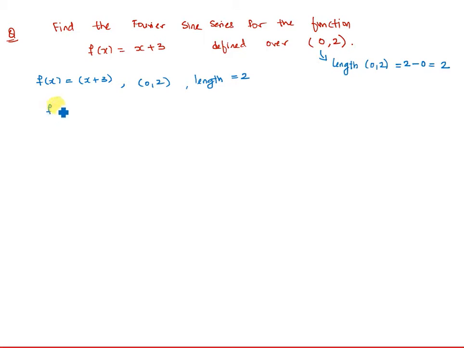You are going to use the formula for f(x) which is defined from 0 to L and its length is L. So when we compare these two, this gives us the value of L as 2. Remember, we have to always compare when we talk about Fourier sine series.